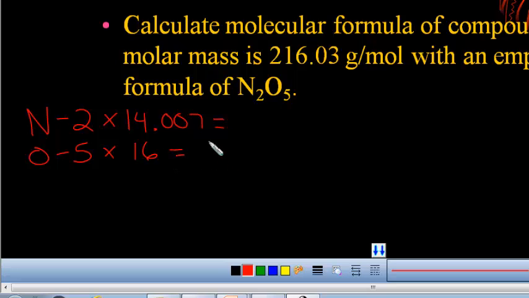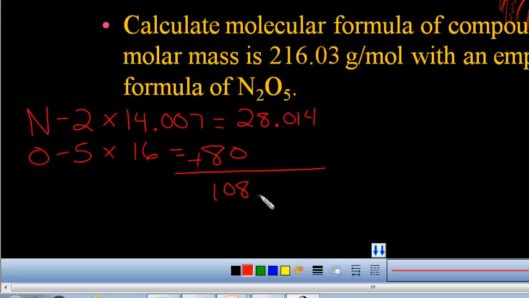All right. And that gives us, let's see, we got 80 and 28.014. Add those numbers up, and you get 108.014. All right, now, next step.